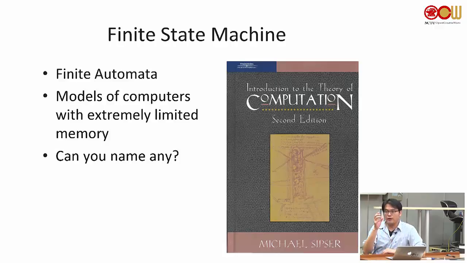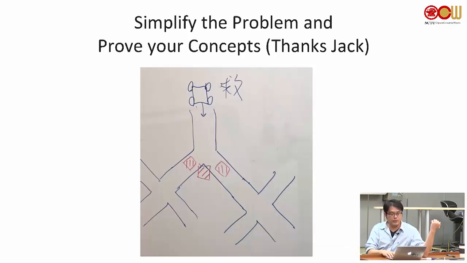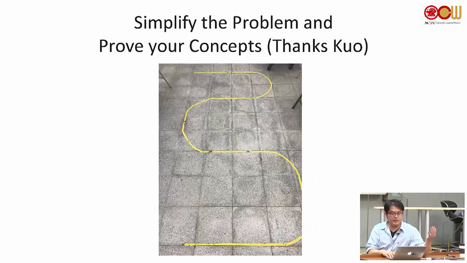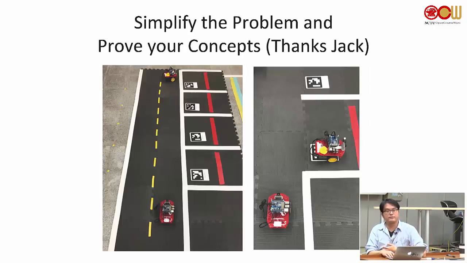After introducing finite state machine, I will leave you about 20 minutes, and you can think about what kind of Duckietown environment to use, how to simplify your problem and make it doable. So you will probably draw something like this, or this, or this, for your own problem.